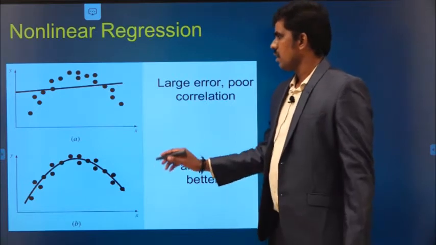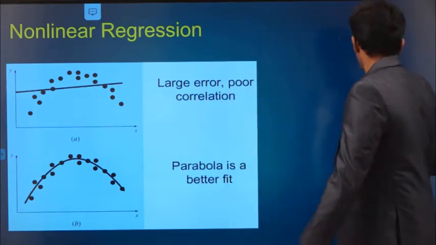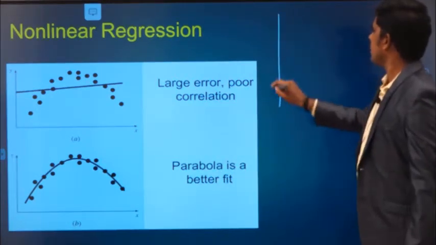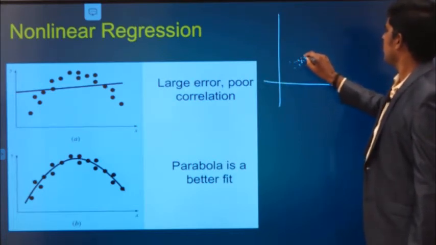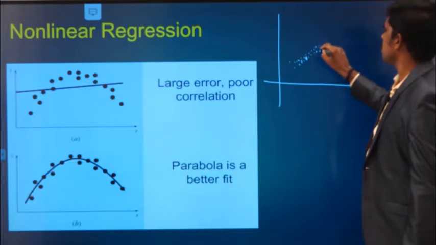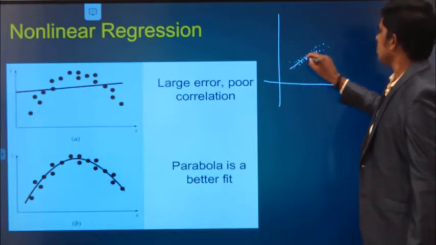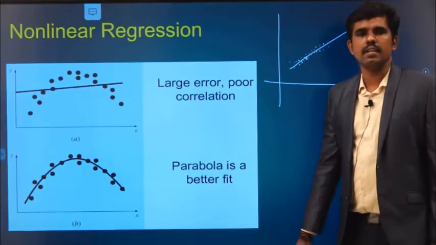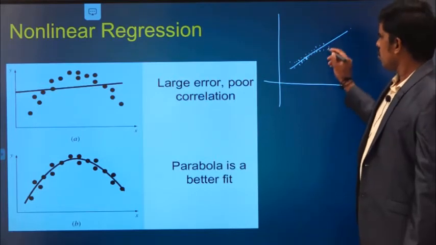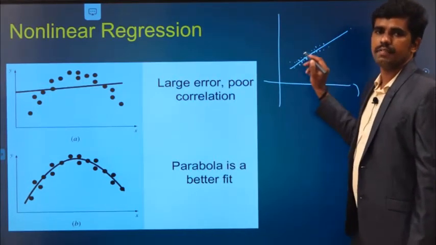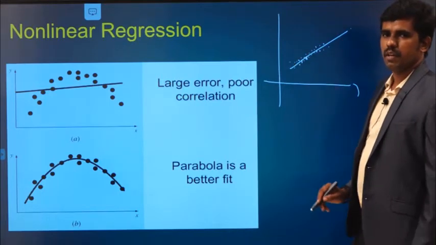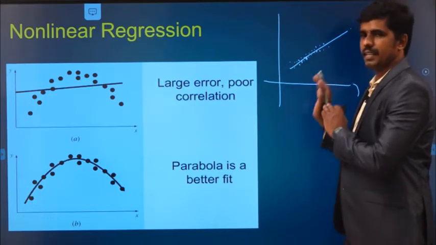Suppose we are given the data points like this. If you have data points like this, you can fit a straight line. You can get a most approximate straight line fit for those given data. The best solution you can reach.